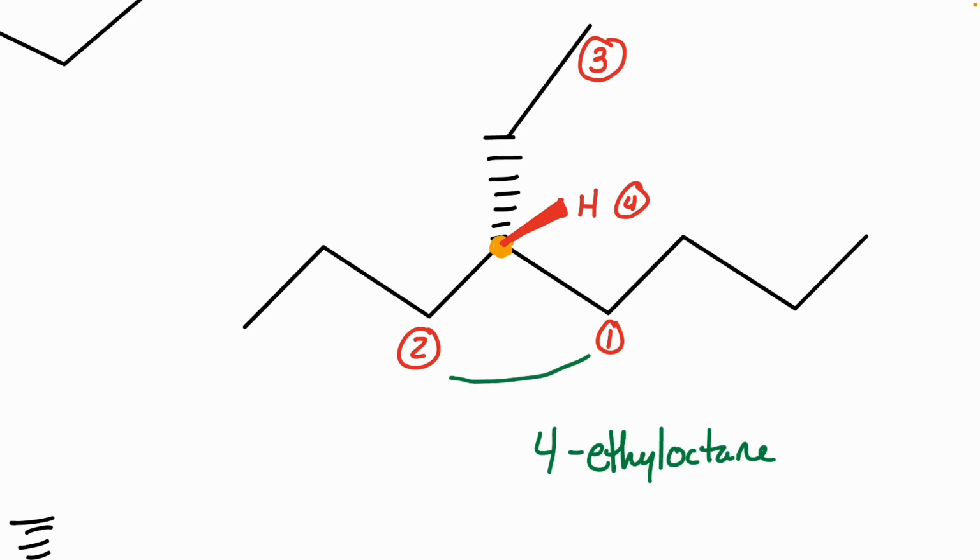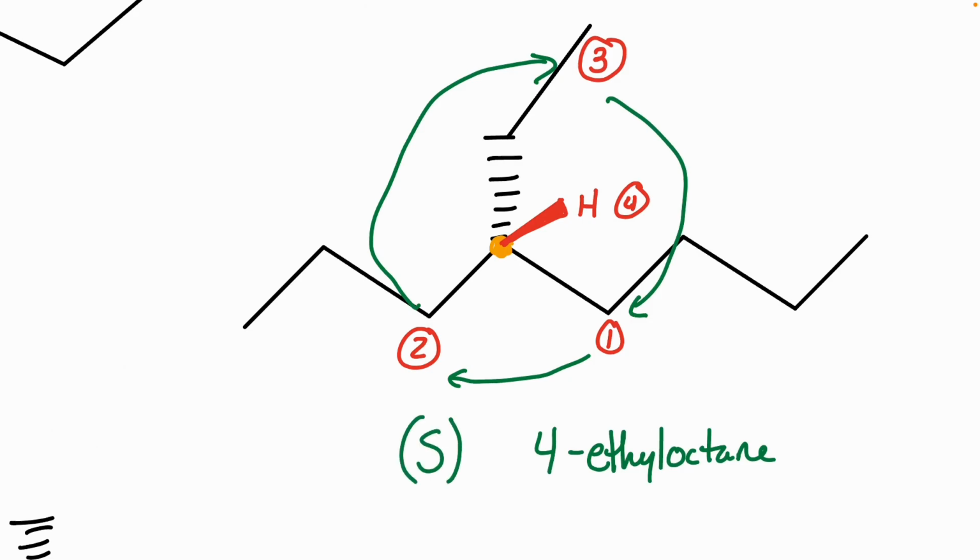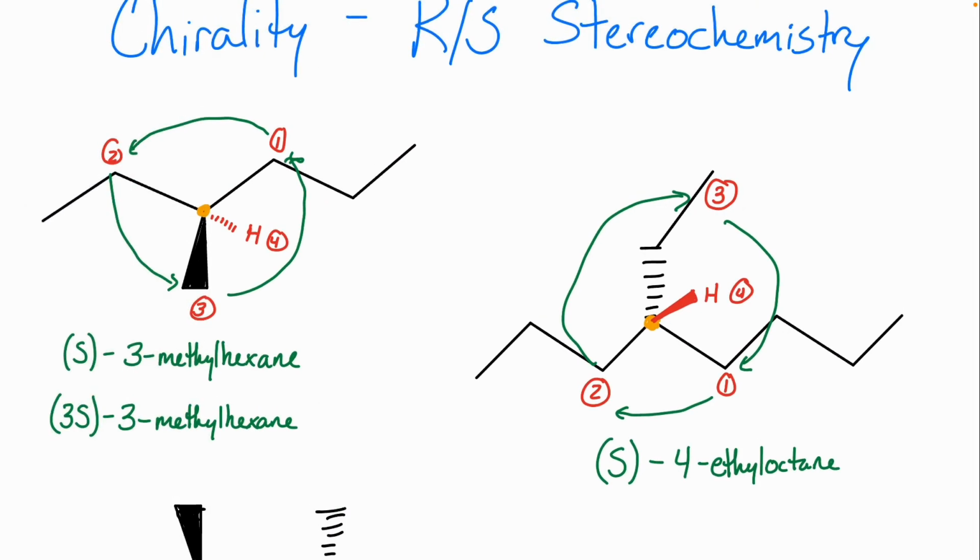If we go 1 to 2, 2 to 3, and 3 back to 1, we're going clockwise, but we're going to flip our rules. So now clockwise is the S stereoisomer, right? So when it was pointed into the page, it was counterclockwise, that was S. If it's pointed out of the page, our rules are flipped, and now clockwise is S.